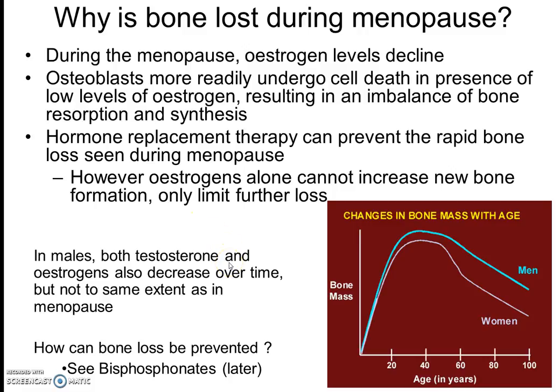Most bone biologists think that high levels of estrogens maintain the osteoblast lifespan, whereas at lower levels of estrogens the osteoblasts will differentiate, be produced from mesenchymal stem cells, and then undergo programmed cell death, or apoptosis.